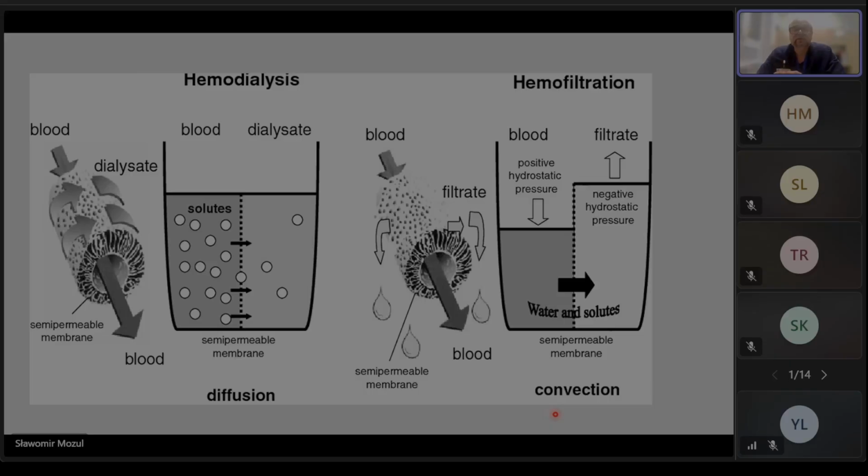This is possible thanks to the pressure difference between the inside of the filter and its outer part. In this procedure, we use a huge amount of fluid that we give to the patient, and at the same time we remove it through this filter. So we use so-called convection transport, with which we remove waste products and excessive water.